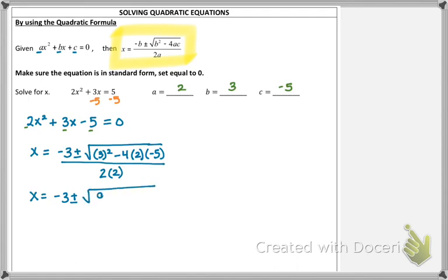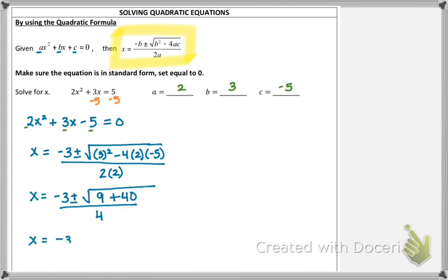That's going to give me 9. 3 squared is 9. And then you've got 4 times 2 is 8, times negative 5 is negative 40. And then you're subtracting a negative 40, so it's really positive 40. All over 2 times 2 is 4. Okay, keep simplifying.